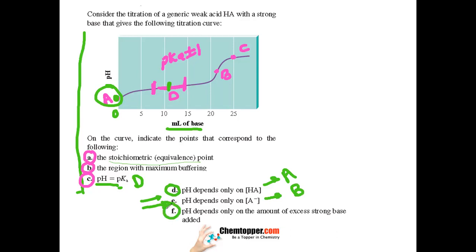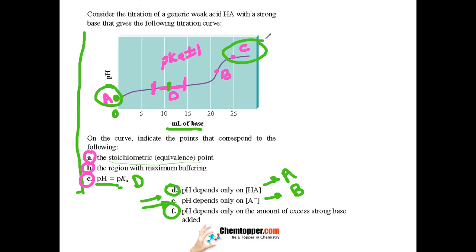F part. pH depends only on the amount of excess of strong base added. Yeah, that is C. Here in this area, C. So these titration curves are there as multiple choice questions, and that's how they will ask the question.